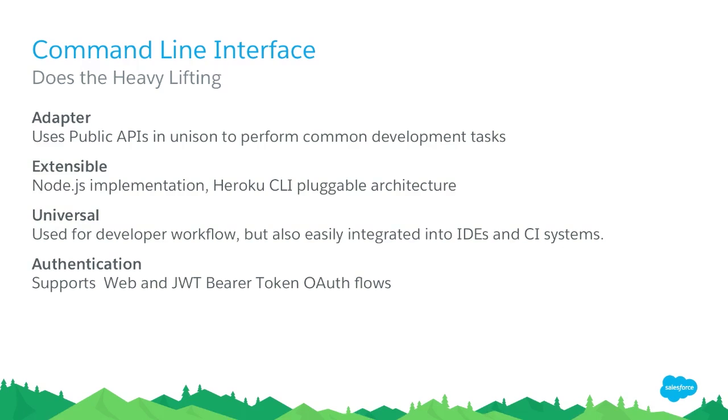It uses the web and JWT bearer token OAuth flows to authorize the user into the environment hub so that you can create Scratch orgs. And then during the creation of the Scratch org, it also does that authentication. So once a developer starts up with a workspace, they authenticate once. That authentication is carried through all future commands until they need to use a different environment hub at this point.